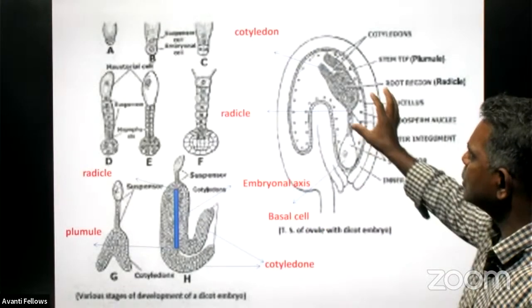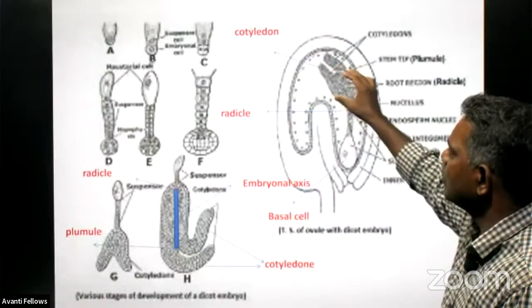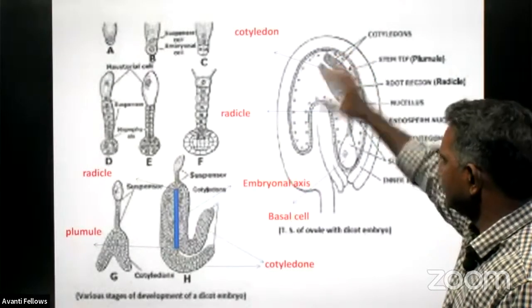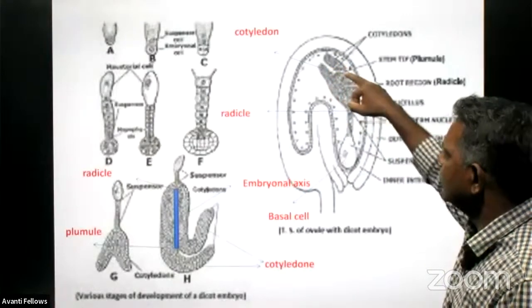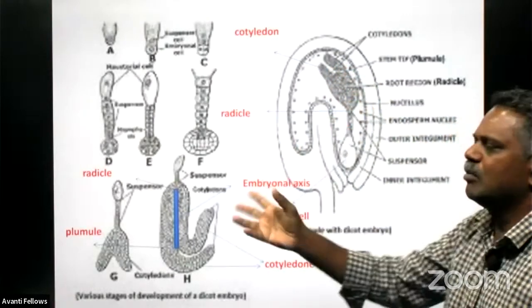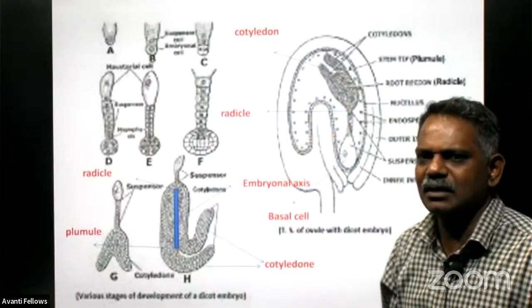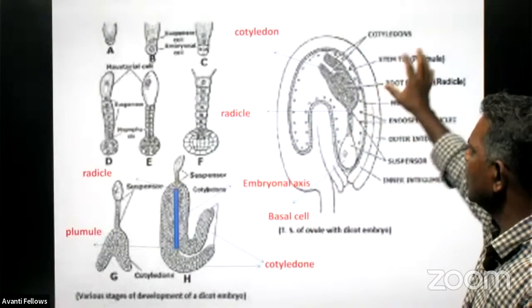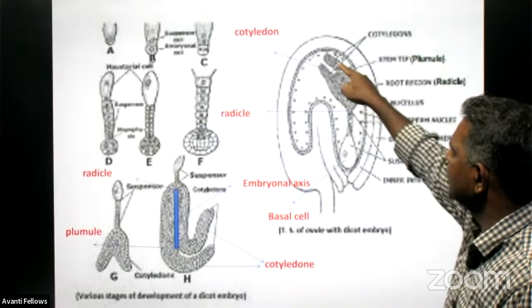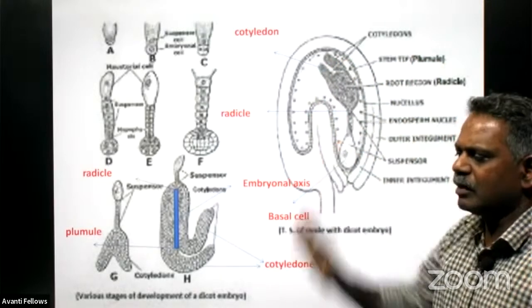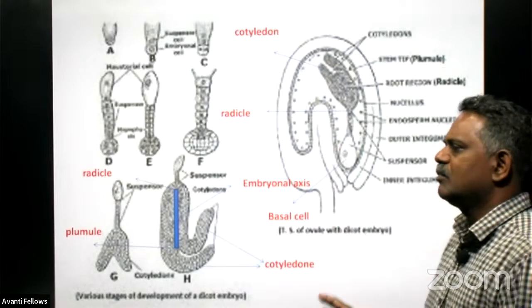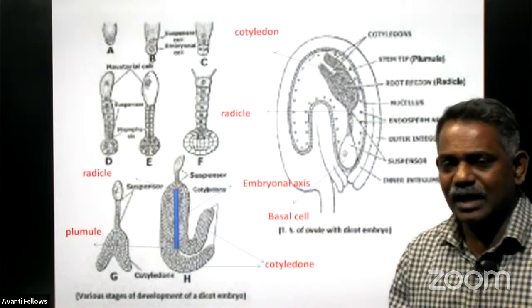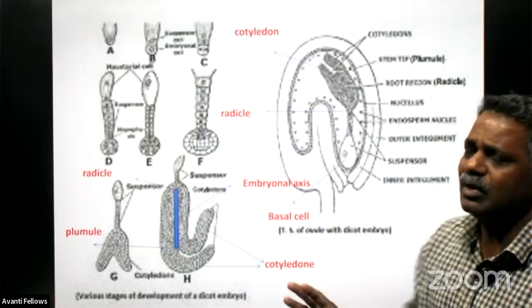And there are two structures developed in the embryo during its development. One is the embryonal axis, which develops to become a plantlet later. It consists of both the plumule and the radicle. Another is the cotyledon, and the cotyledon, like the endosperm, is exclusively for the storage of food. The difference is that the endosperm is triploid.